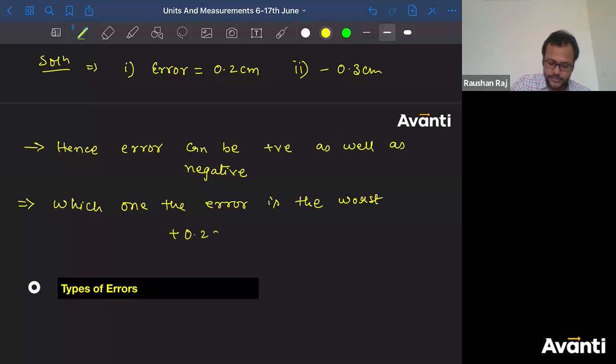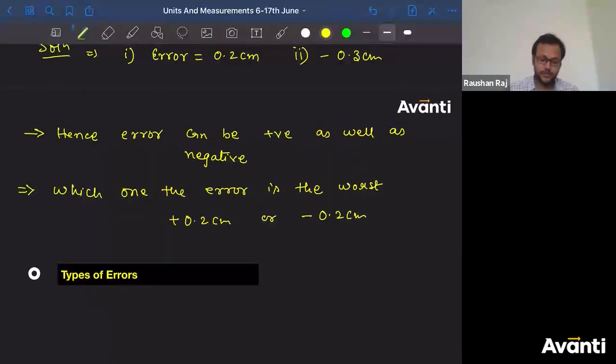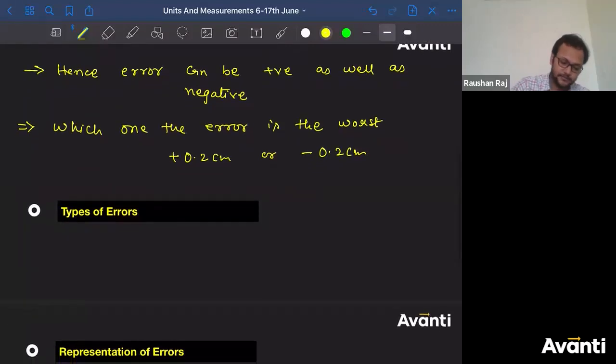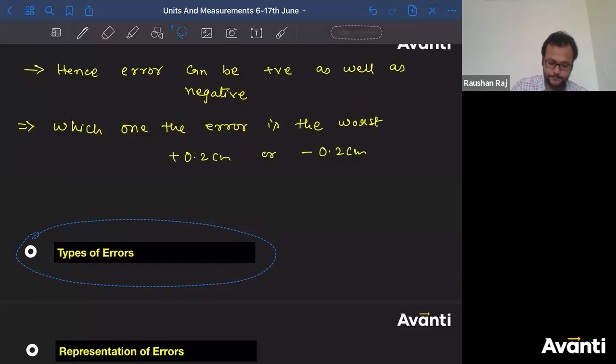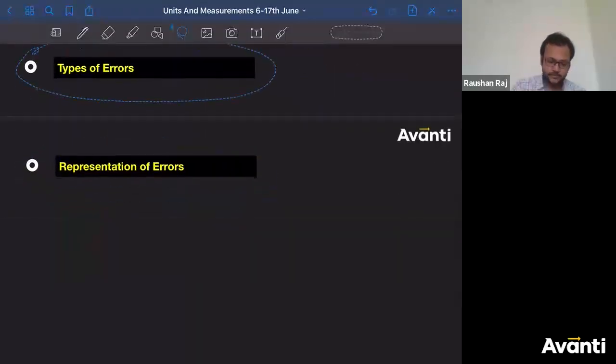Plus 0.2 centimeter or minus 0.2 centimeter? Tell me which one of them is the worst error? Which one would you say has more error? Which is having higher value? Come on, tell me quickly.